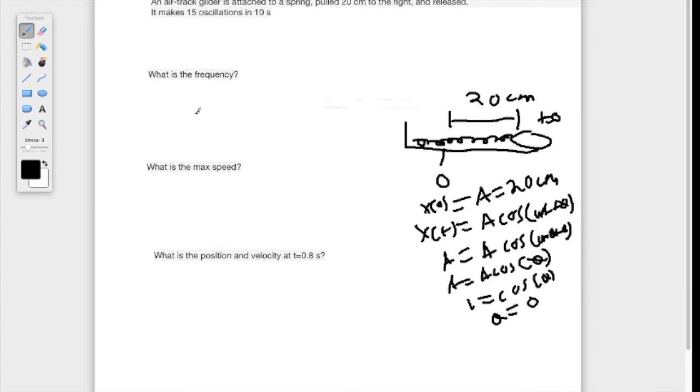And we basically have everything we need. So what is the frequency? Remember what frequency actually means. It means the number of cycles that you complete in 1 second, versus a period, which is how long it takes to complete a single cycle. But in this context, a cycle is the same thing as an oscillation.